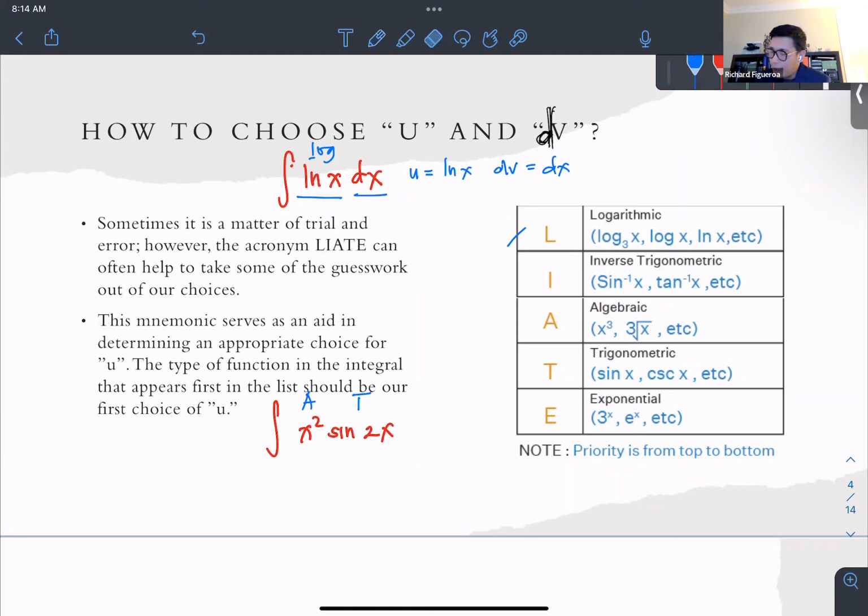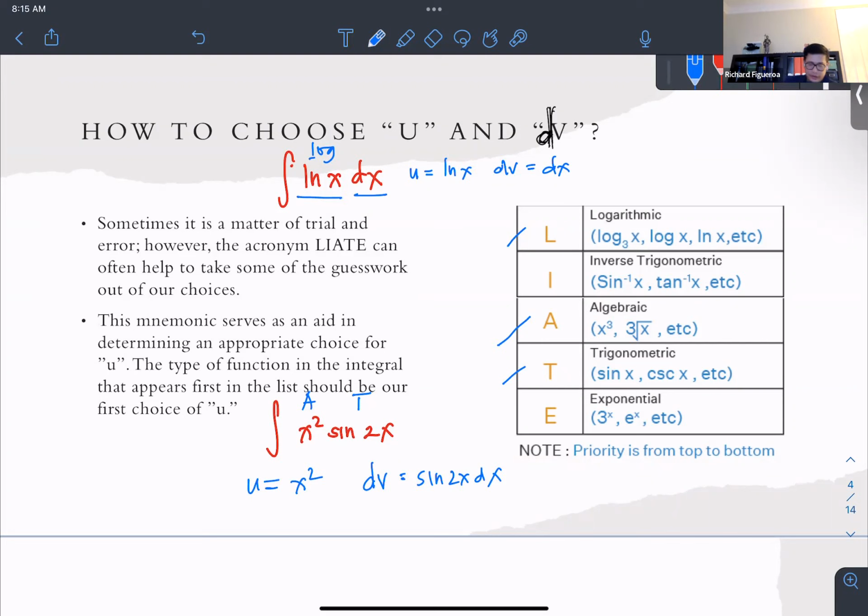According to LIATE, which comes first? A comes before trigonometric. That means our u will be the algebraic x squared, and our dv is sine 2x dx. So that's what LIATE means: whichever comes first becomes our u.